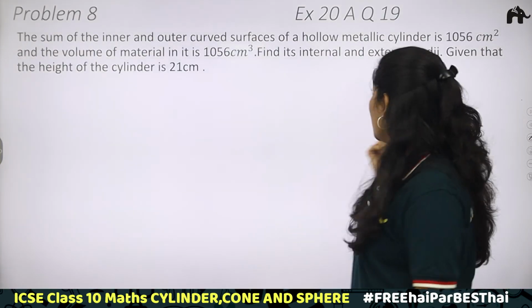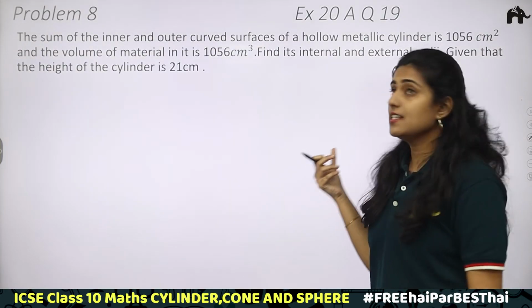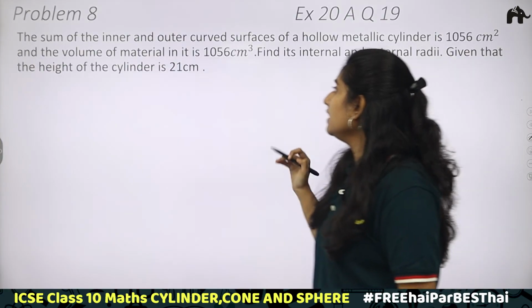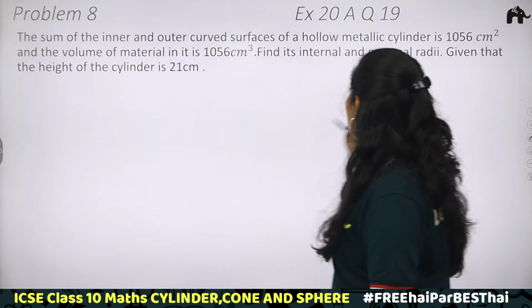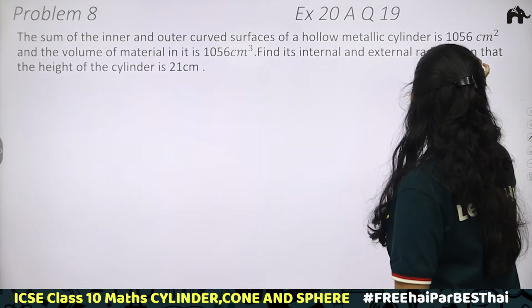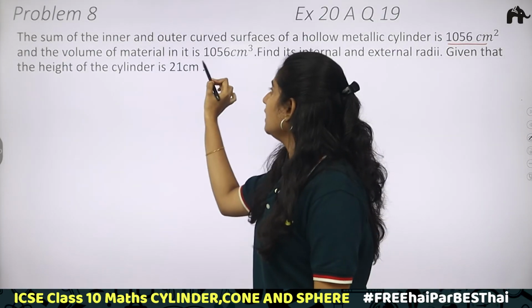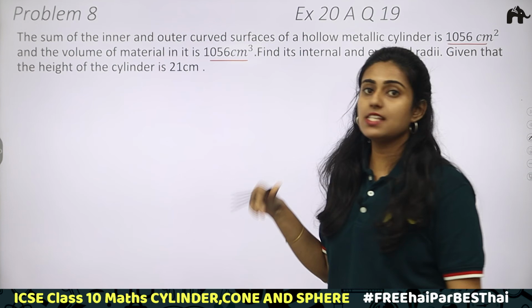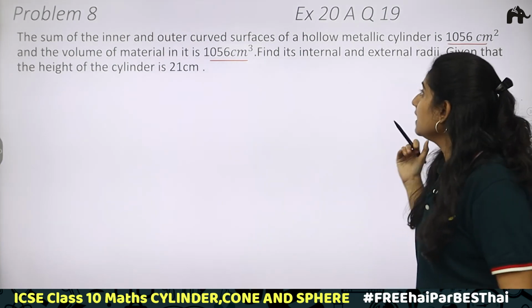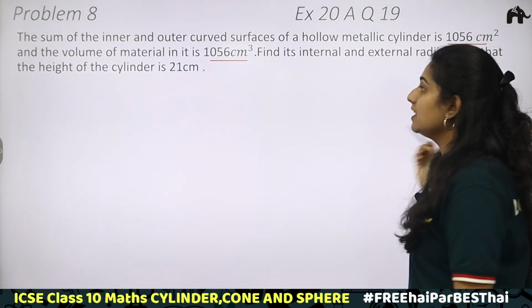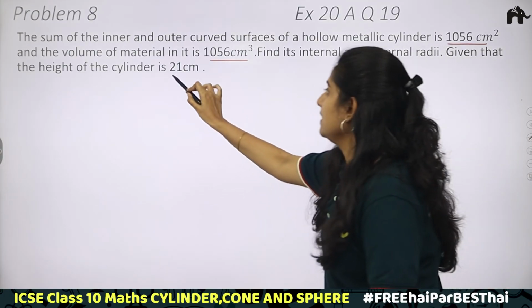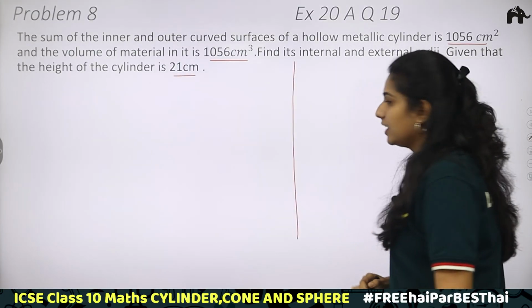Okay. Problem number 8, question 19 of exercise 20A. The sum of the inner and outer curved surfaces of a hollow metallic cylinder is 1056 centimeter square and the volume of material in it is 1056 centimeter cube. Find its internal and external radii given that the height of the cylinder is 21 centimeter. Okay.